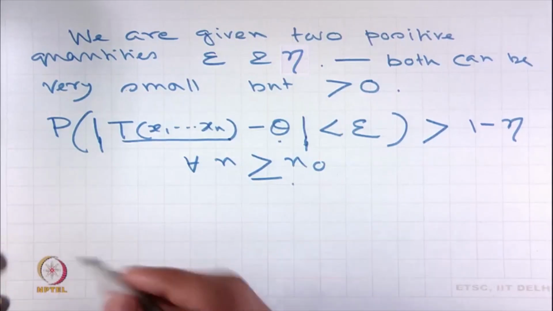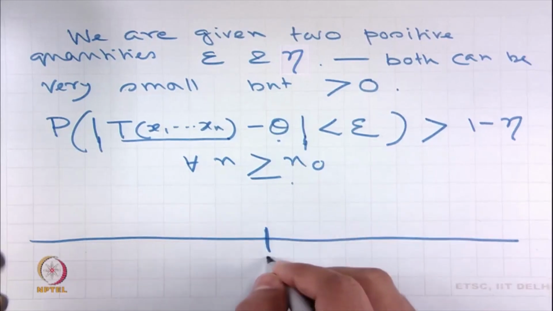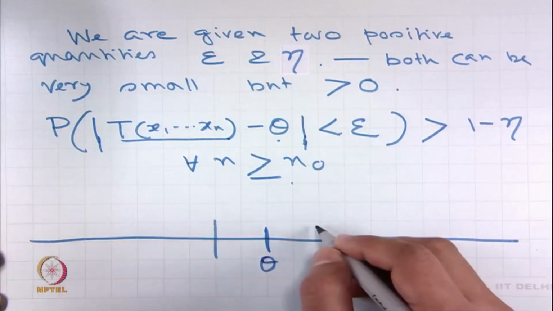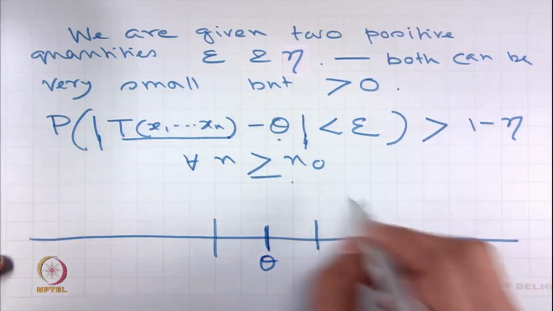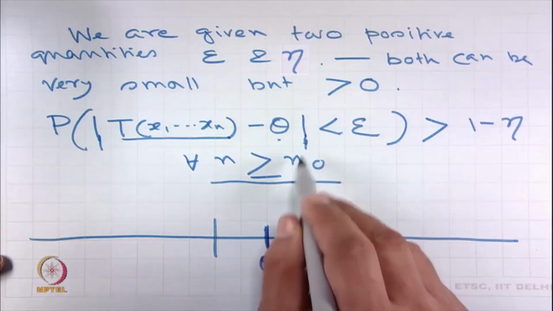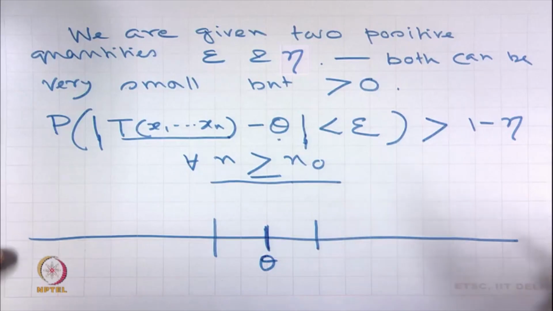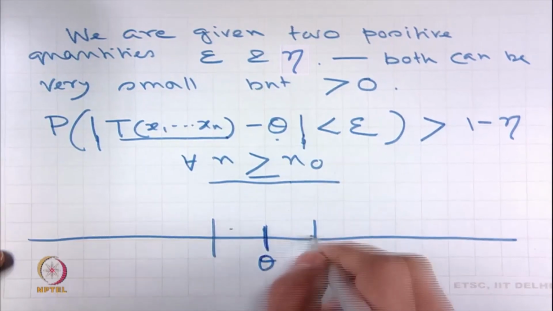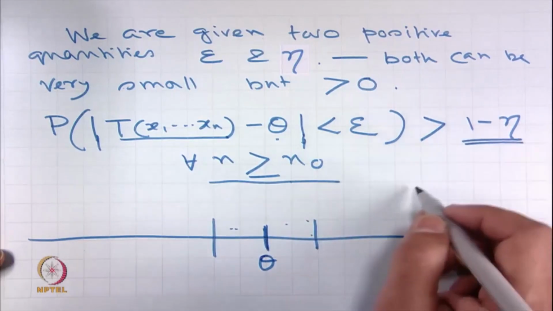So, what does it mean? Suppose this is the actual parameter theta and we have given an epsilon bound around it, and we are saying that if we keep on taking samples, then there will be an integer n naught such that if the sample size is greater than n naught, then the probability that the obtained value of the statistic will remain within this interval is going to be arbitrarily large.